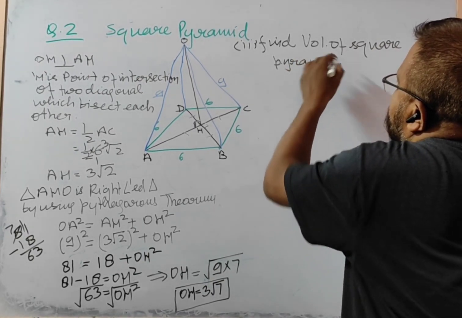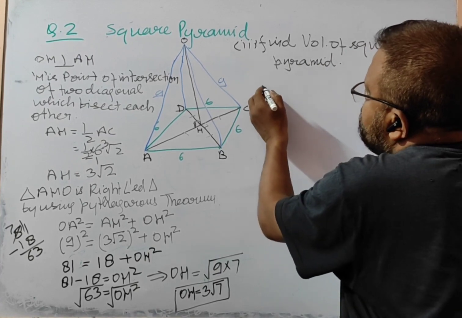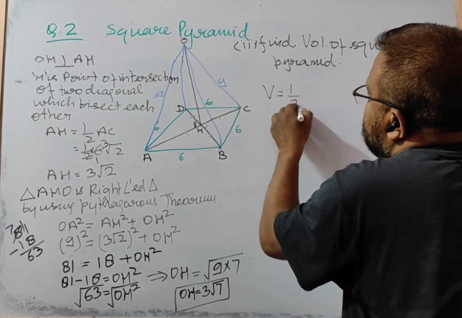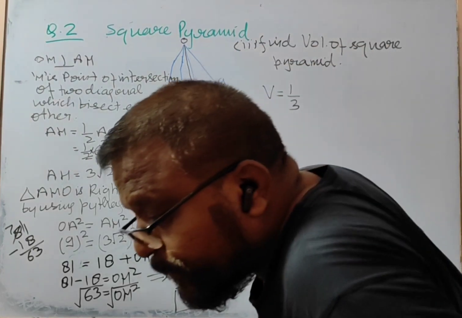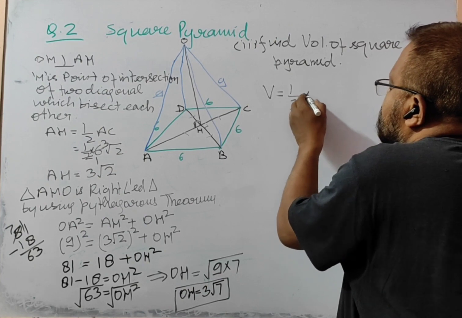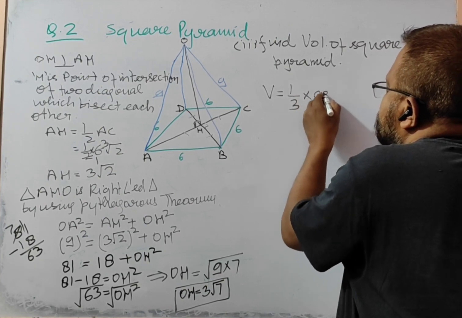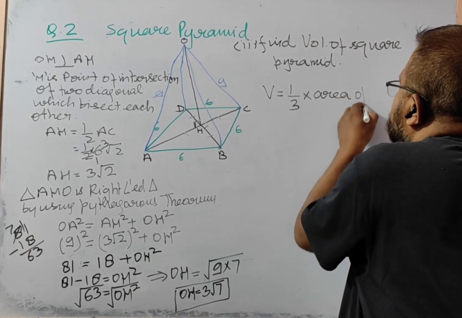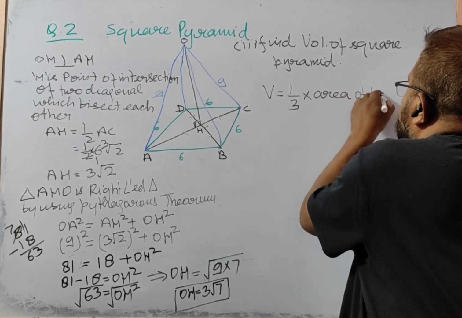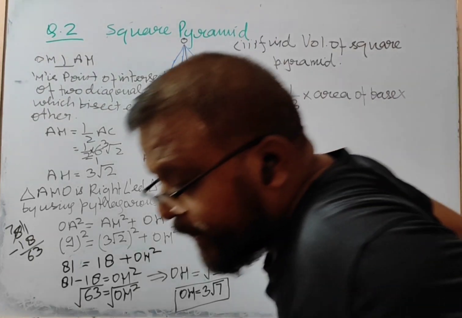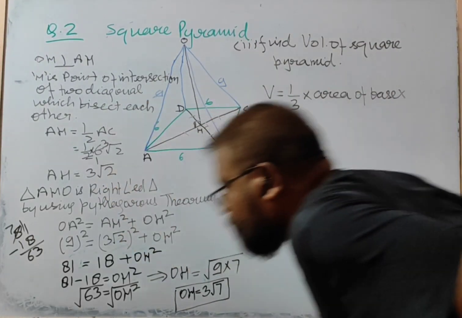Square pyramid. Volume is equal to 1 upon 3 into area of base into height, right?